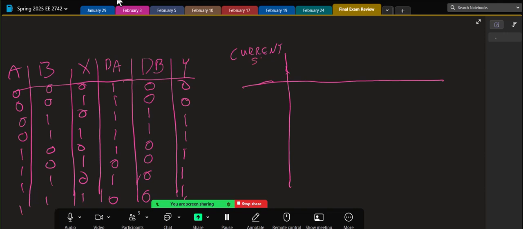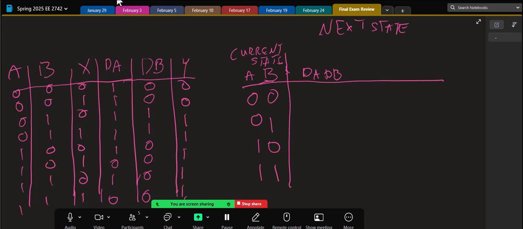So it makes sense to think of these as A and B, and 0, 0, 0, 1, 1, 0, 1, 1. We'll look at our current state being 0, 0, and then what our next state would be, DA, DB, for x equals 0 and x equals 1.